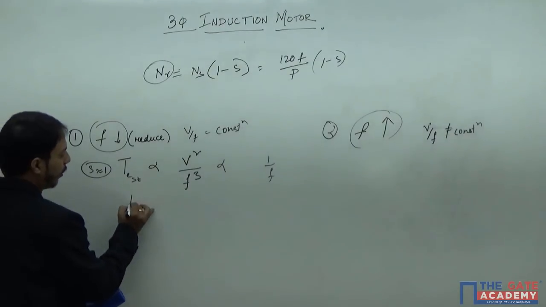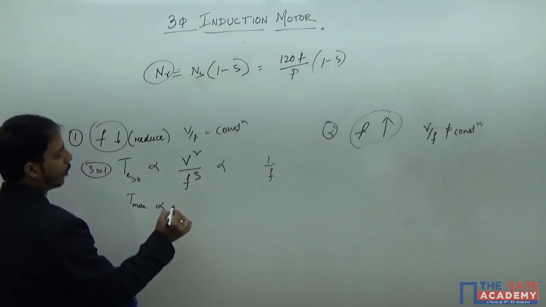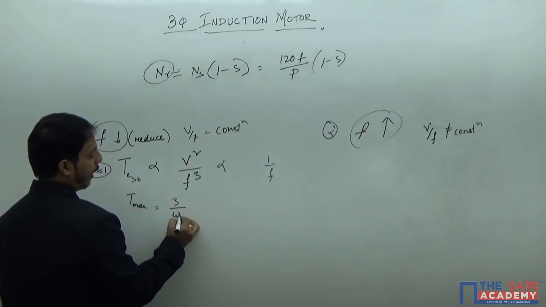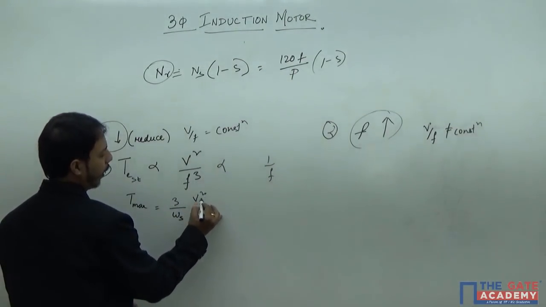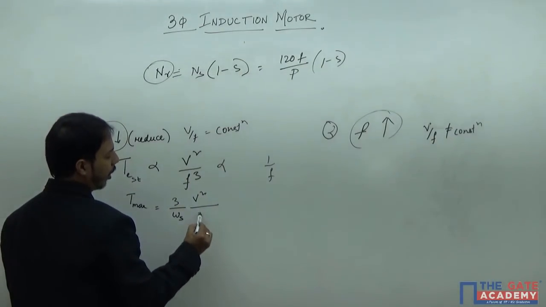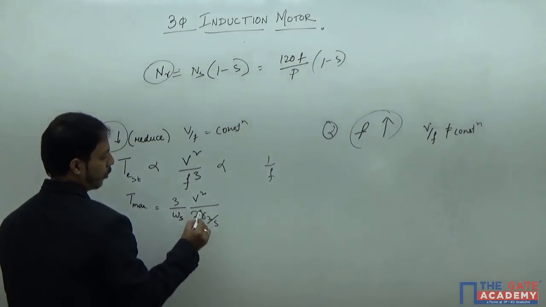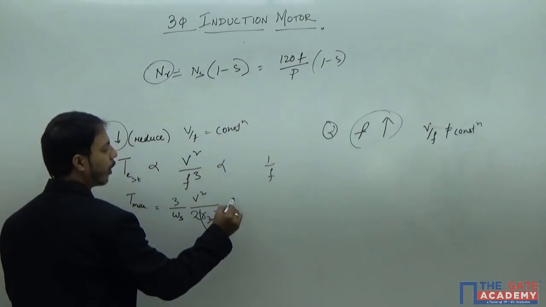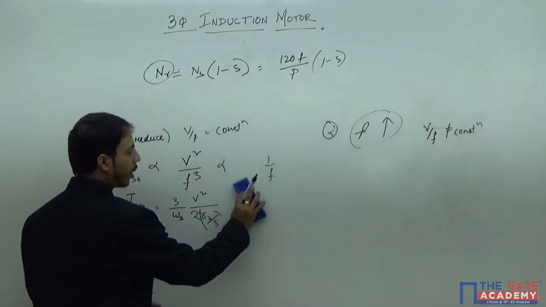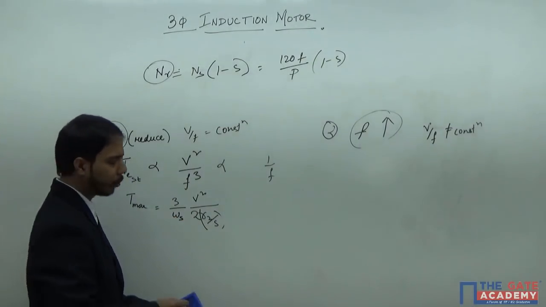Similarly, let us see the T max value. We have 3 by omega S V square, and this will become 2R2 by S whole square, and the R2 by S term will be cancelled. Ultimately it will become 2R2 by S, and we know R2 by S is equal to X2.